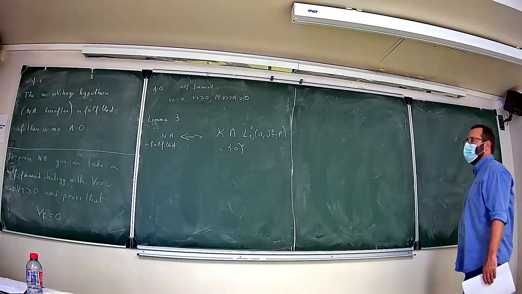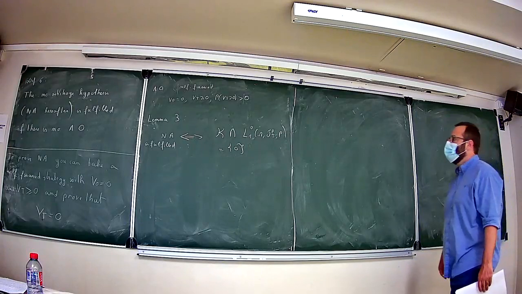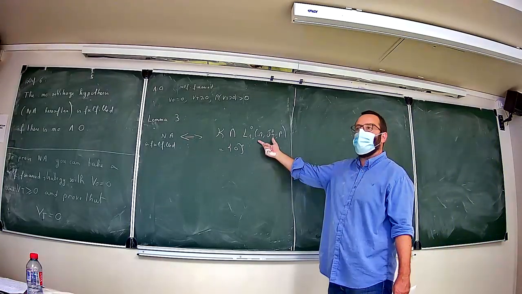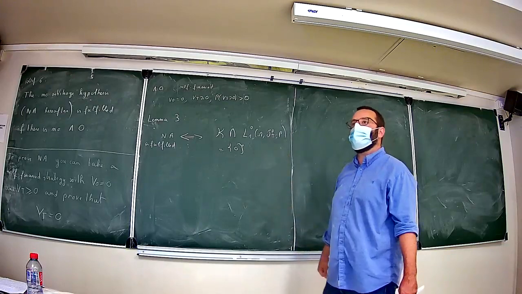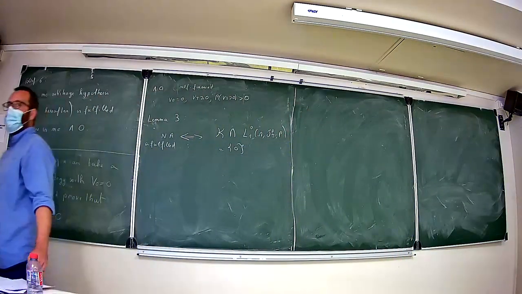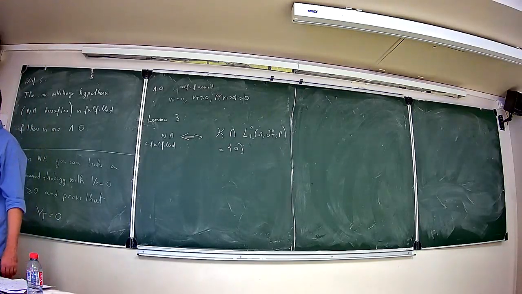Previously I defined L0 minus as the set of random variables that are negative. L0 plus is just the set of random variables that are positive.